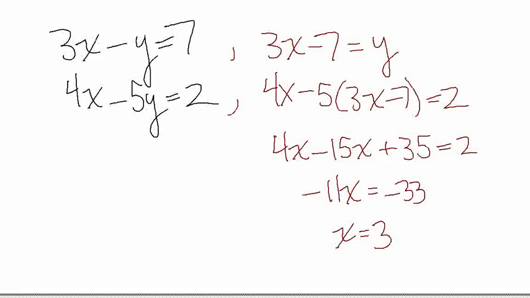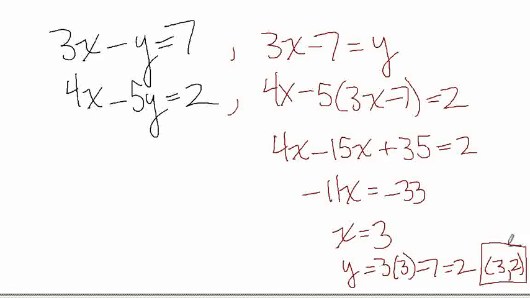The only reason I'm choosing the first red equation is because it's the most convenient. Why? Because y is already isolated in that equation. So y equals 3 times 3 minus 7, or 9 minus 7, which gives 2. So the final solution is (3, 2).